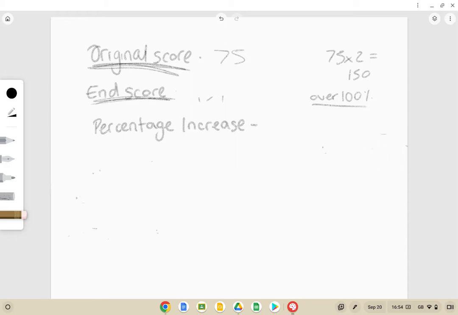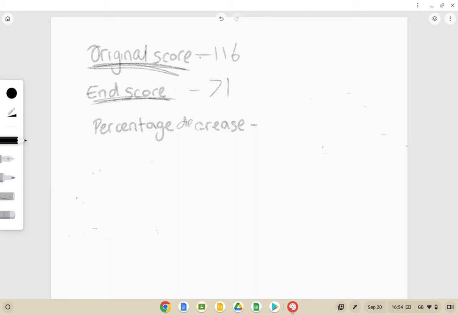If I were to flip this round, let's say the original score was 116, and then you ended up with a score of 71. In this case, obviously, we're going to be looking at percentage decreases.